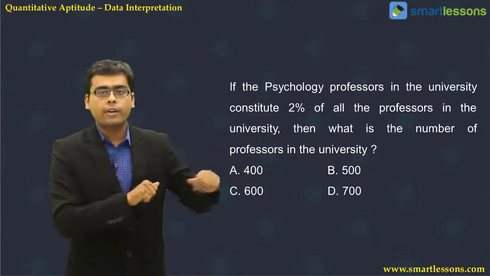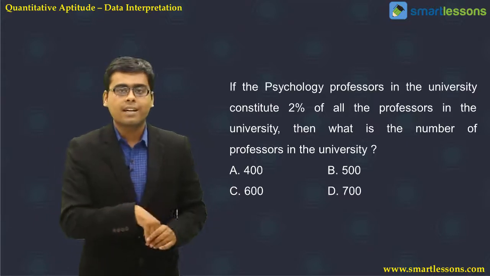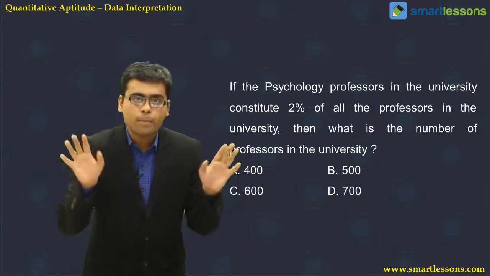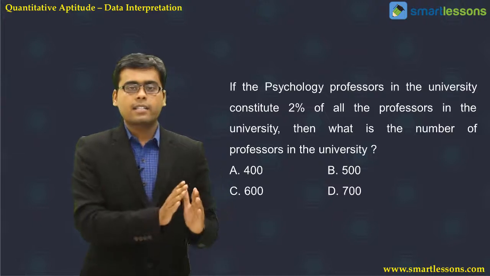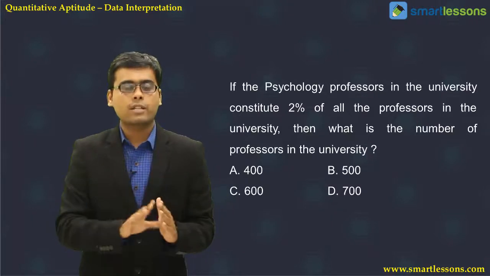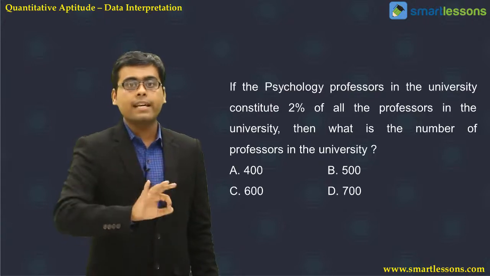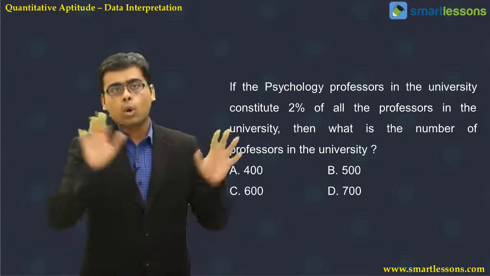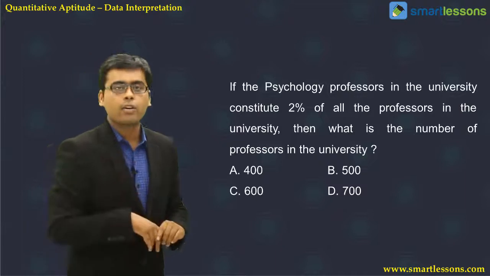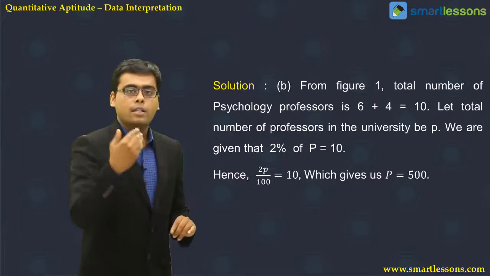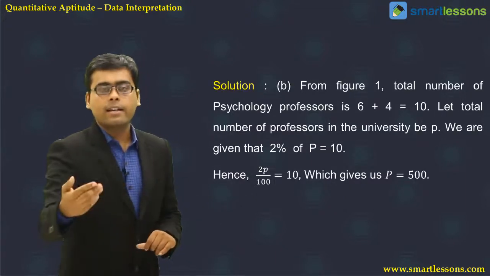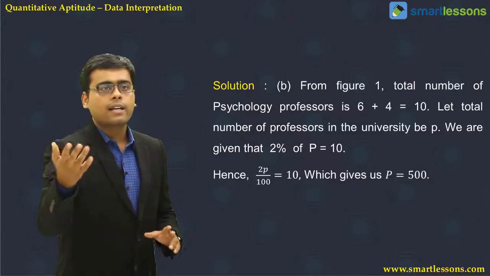As it is clear from the bar chart, the total number of psychology professors is 6 female, 4 male. So that is 10. That means 10 is basically 2% of the total number of professors in the university. So how many professors are there in the university? That is very easy.